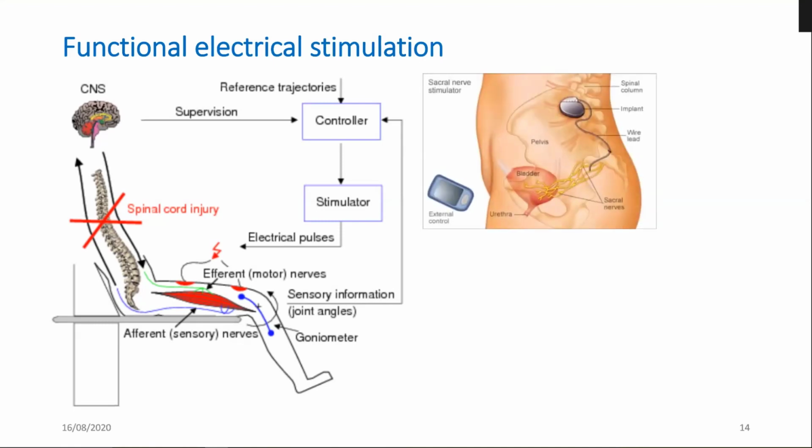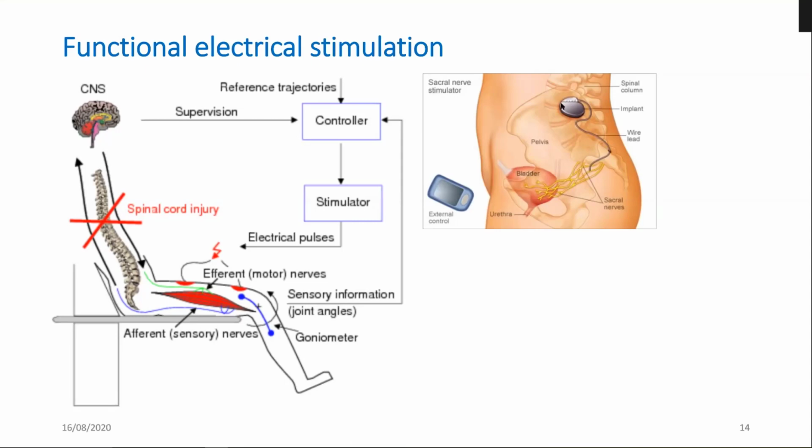A similar example, maybe a more practical one because it is already in use, is urinary incontinence. If you know about this, it is the involuntary leakage of urine, and it can reduce the quality of life for a person. It can reduce the person's confidence and overall quality of life as well. What this device does is, the bladder is not receiving the appropriate signal from the brain, either from a stroke or maybe some congenital problem.